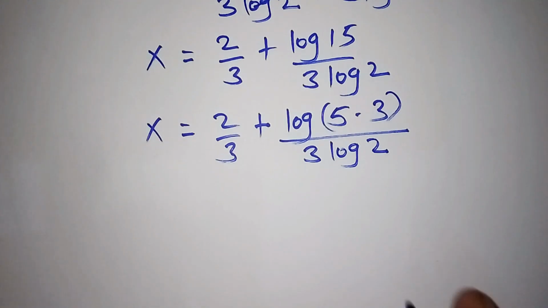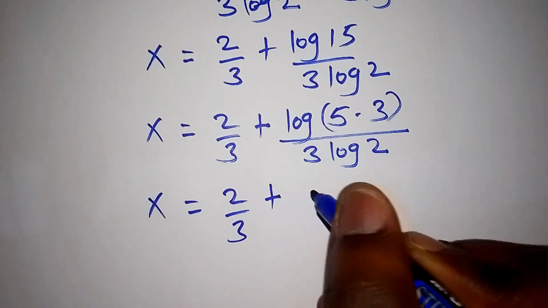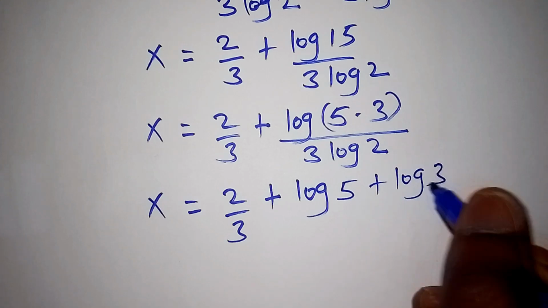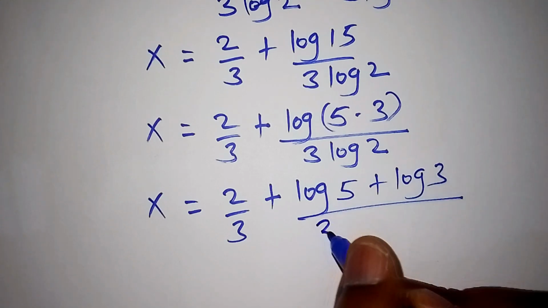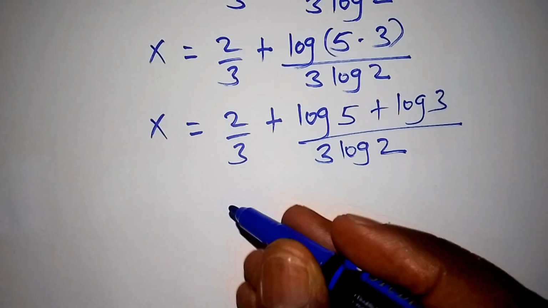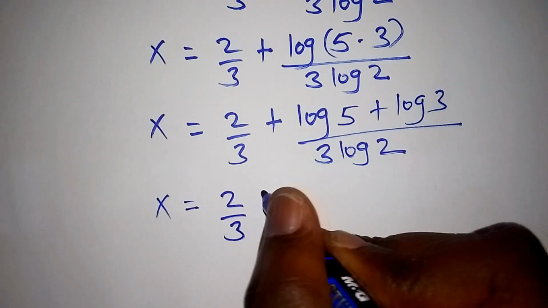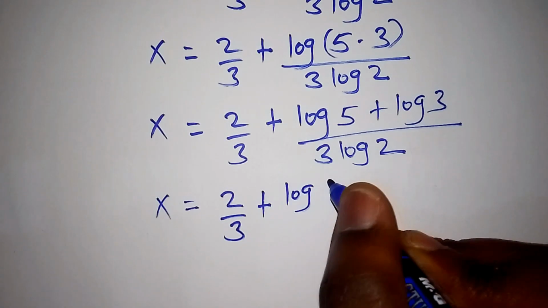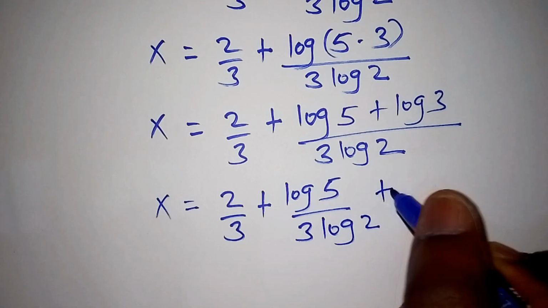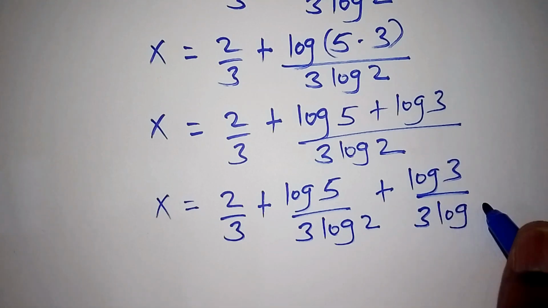So that means our value for x shall be 2 over 3, then plus the log of 5 plus the log of 3, all over 3 times the log of 2. So next, our x is equal to 2 over 3, plus the log of 5 all over 3 log 2, plus the log of 3 all over 3 times the log of 2.